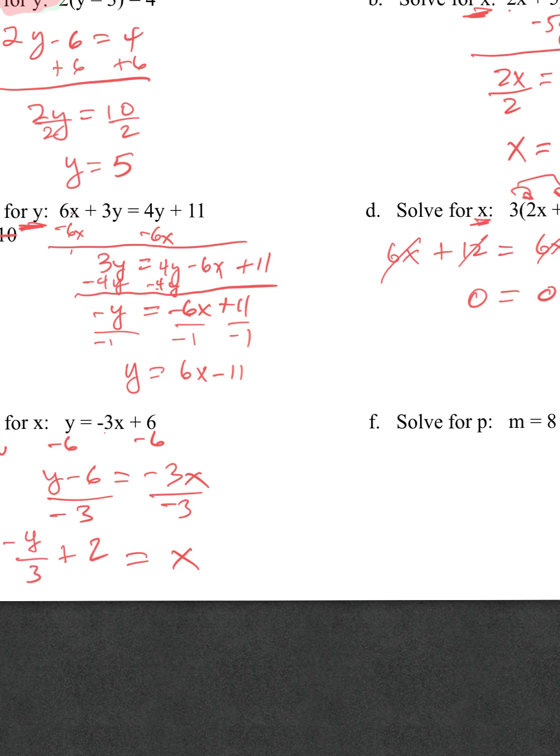So x is by itself on that side. Let's go for this one, solve for p. Again, we distribute, so we get m is equal to 8 minus 2p plus 2m, okay? We're solving for p again, so we want p by itself.